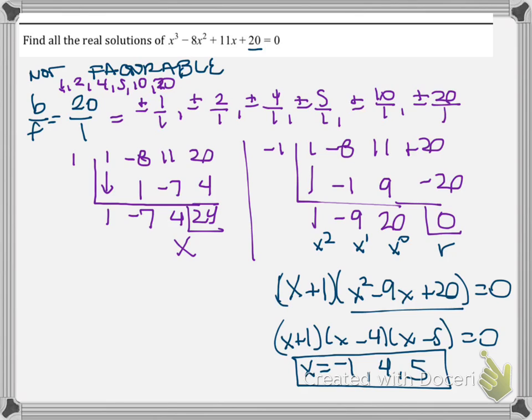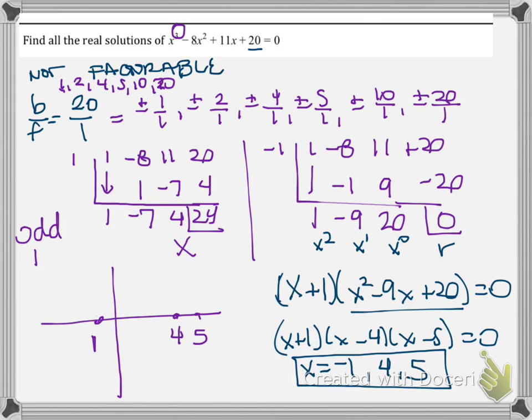Again, we do this because we want to be able to eventually graph it. So these give us our x-intercepts. Just to review it, the x-intercepts are -1, and then also at 4 and 5, there's nothing repeated. We think about the end behavior. This is an odd degree polynomial. It's 3.